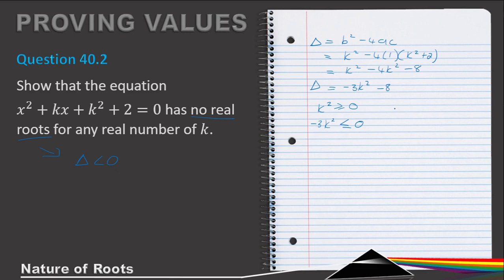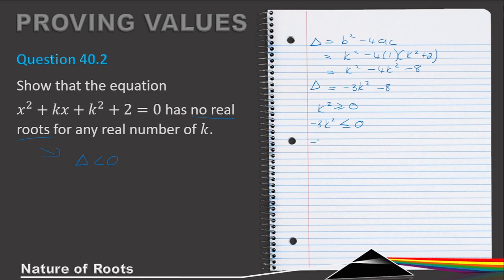Now when you take a negative number or a 0 value, and you subtract anything positive, it will obviously go more into the negative. So a negative number subtracted by another number will still be negative.